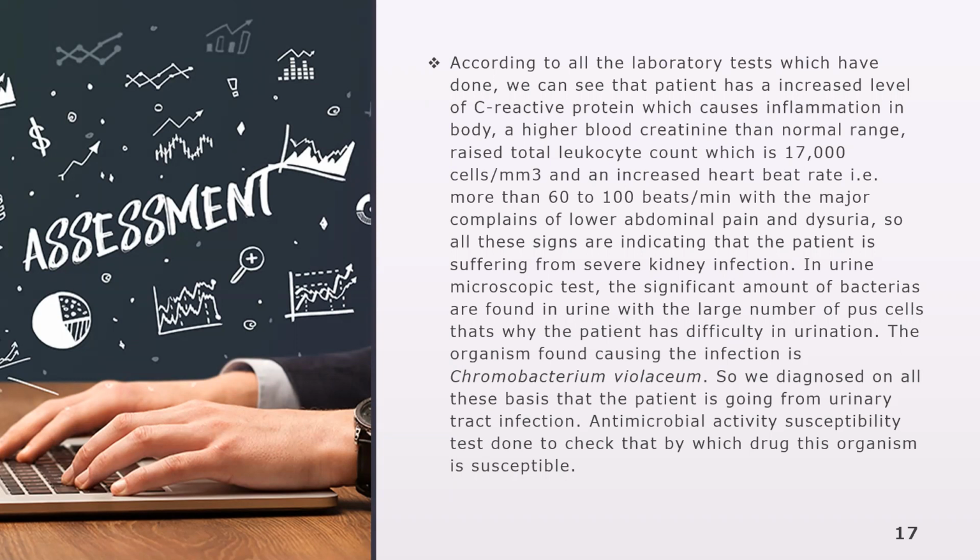So these are all the laboratory tests, and now moving towards the patient's major complaints, lower abdominal pain and dysuria. Dysuria is difficulty in urination. By all these signs, we indicate that the patient is suffering from a severe kidney infection. The urine microscopic test found a large number of bacteria with a greater amount of pus cells, which is the reason why the patient is feeling pain and burning sensation at the time of urination.